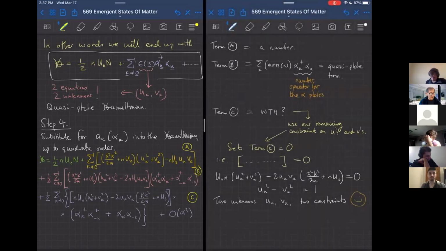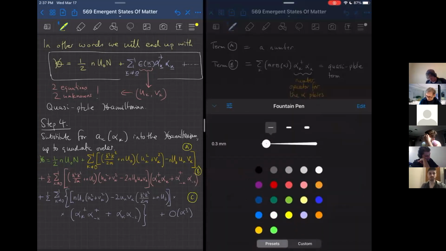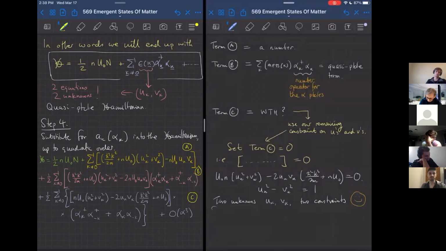Now the easiest way to do this is to solve by parameterization. So we know that uk squared minus vk squared is equal to 1.